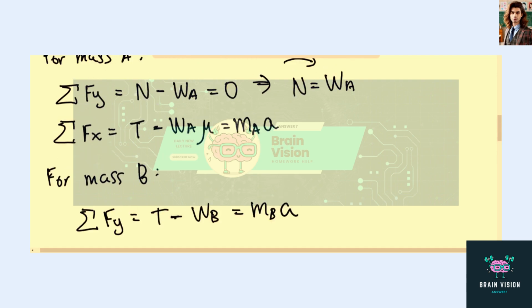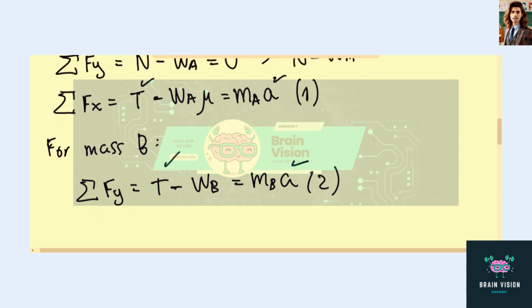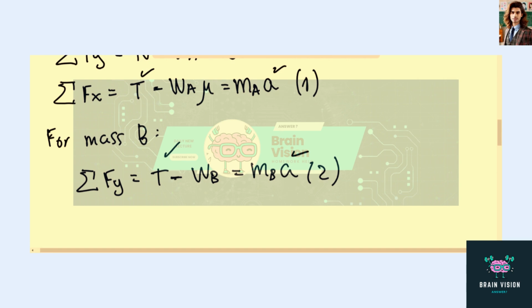Now, we have these two equations, this and this. We have two variables that we don't know, T and a, and we have two equations. So this is just a problem of solving it by finding the value of T or the value of a, by rearranging one of them and substituting it in the second one.